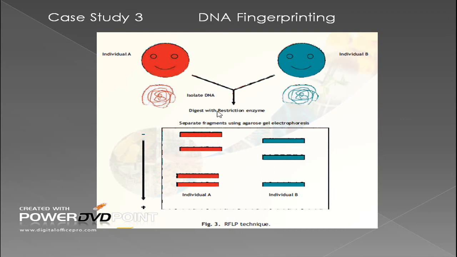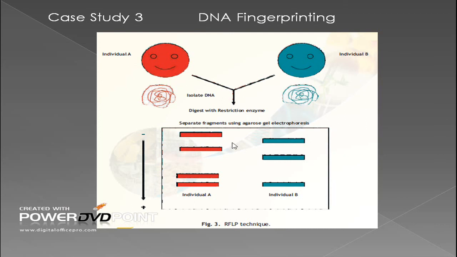Now we digest them with restriction enzyme and separate fragments are obtained. The fragments obtained from the DNA of individual A are the RFLP profile of that individual, and those from individual B are the RFLP profile of individual B. This RFLP profile will be matched with the repository RFLP profile of the criminal.